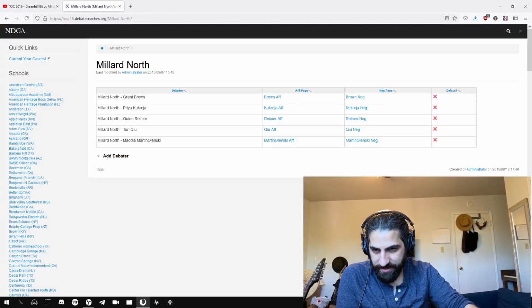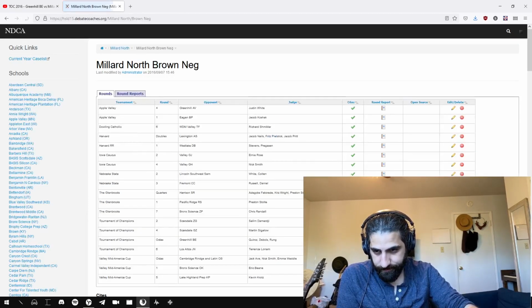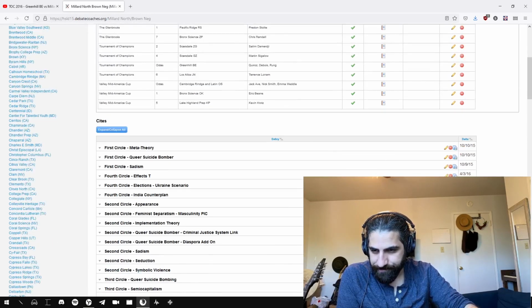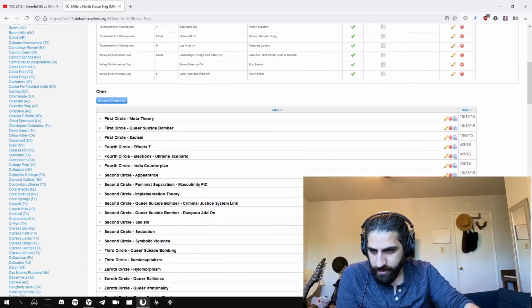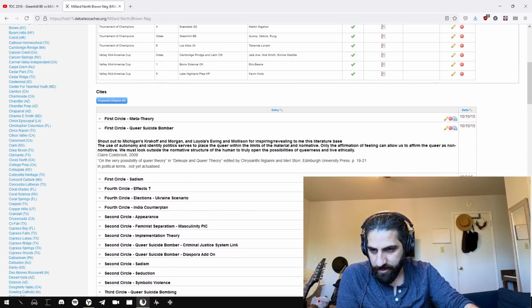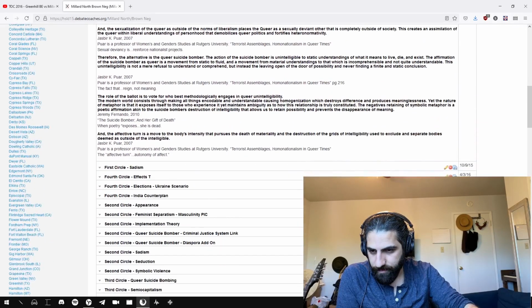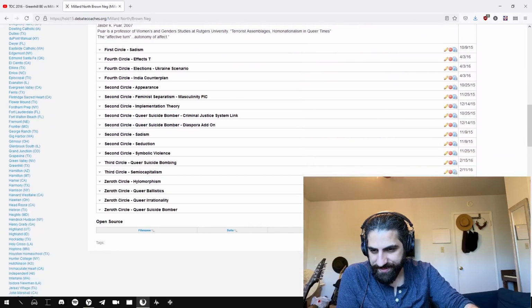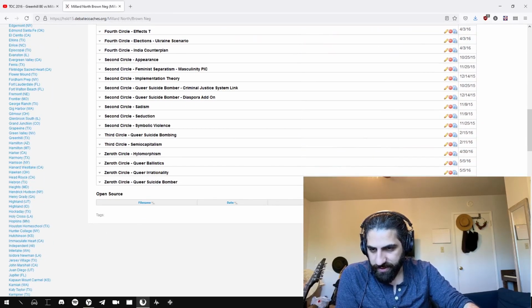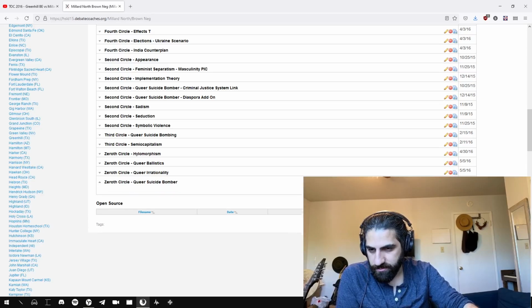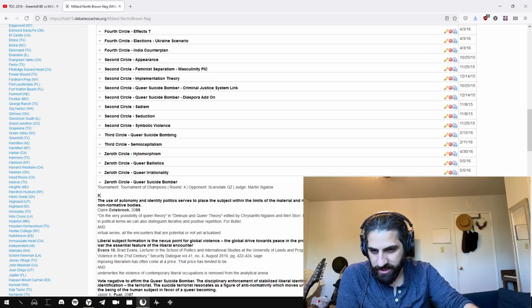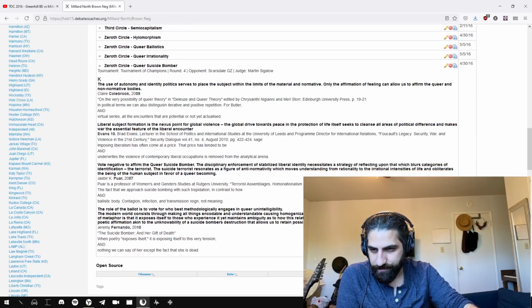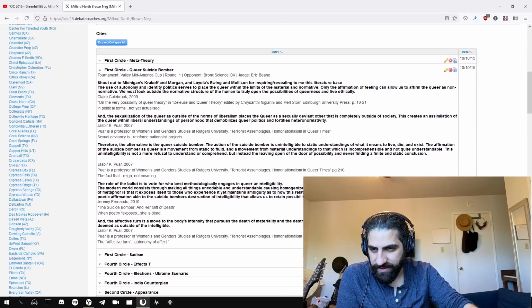Grant Brown. Negative. Queer suicide bomber. Great. Not sure what this zeroth circle, first circle, second circle situation is, but let's see. Are they the same?